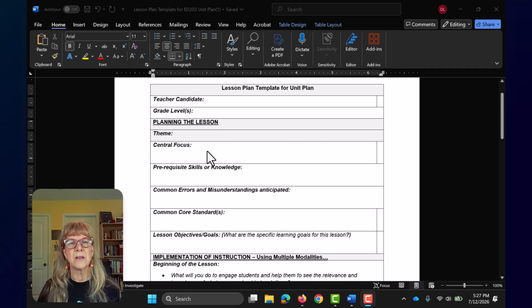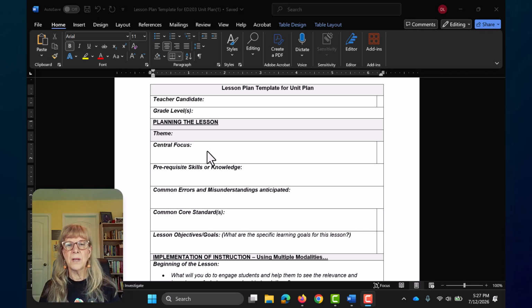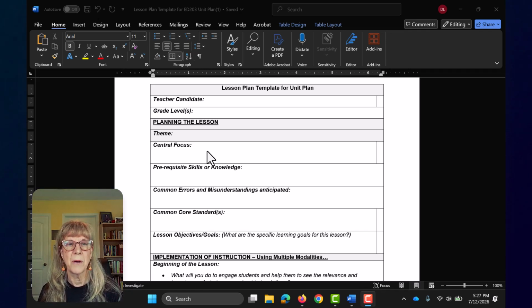The next is the central focus. Now, what the central focus refers to is the overarching umbrella. Like, this is the big area that you're working in. So if you're teaching students how to add fractions, for example, you would just put in fractions here. For my courses, you just need one word, whatever the central focus is.